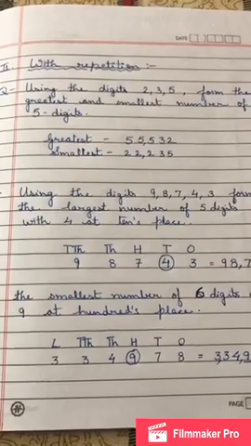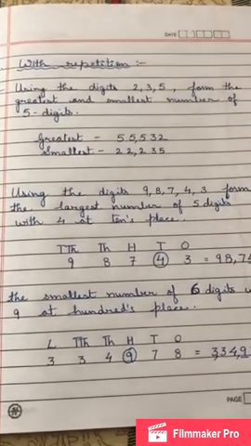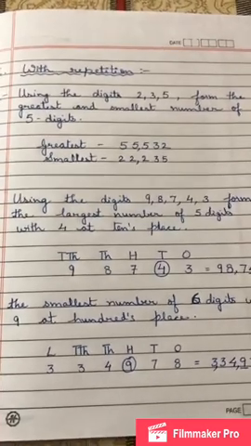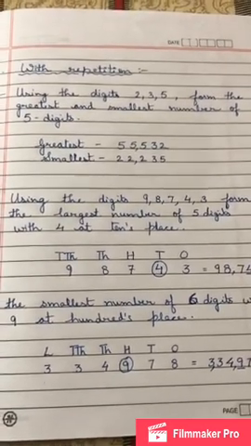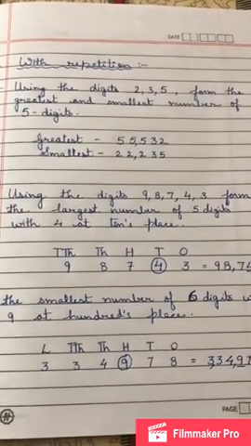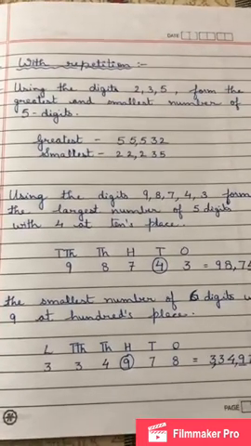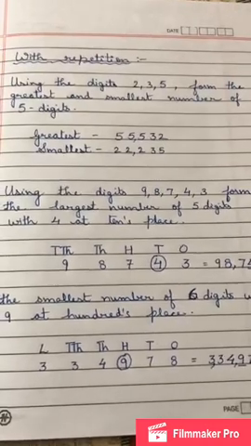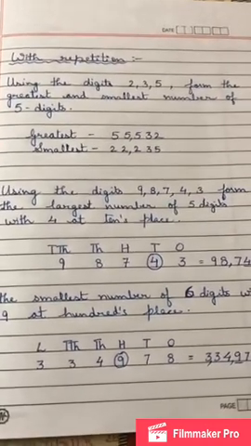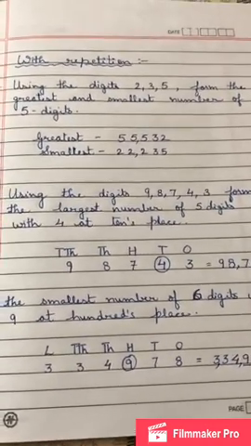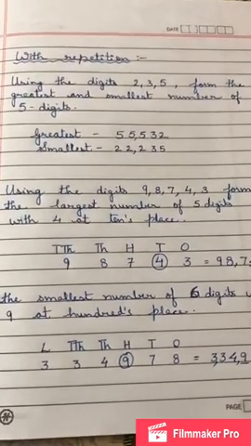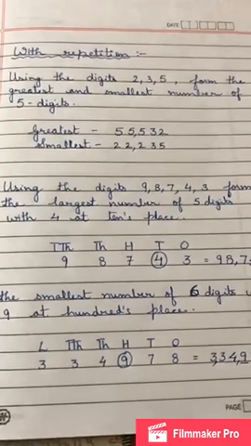For this we have taken the question: using the digits 2, 3, 5 form the greatest and the smallest number of 5 digits. So for making a number of 5 digits with the 3 given digits, we will have to repeat a number 3 times. Now we have to decide which number we should repeat.